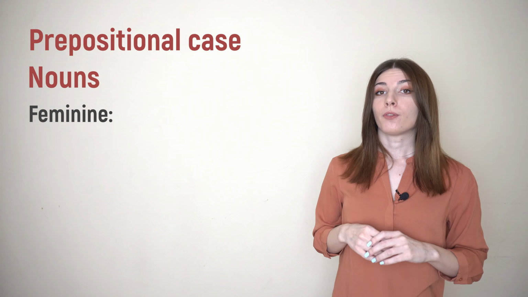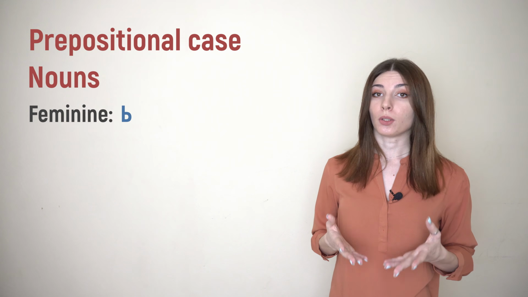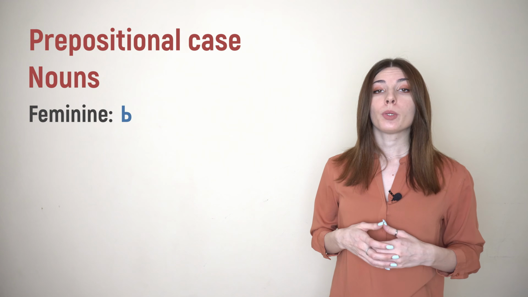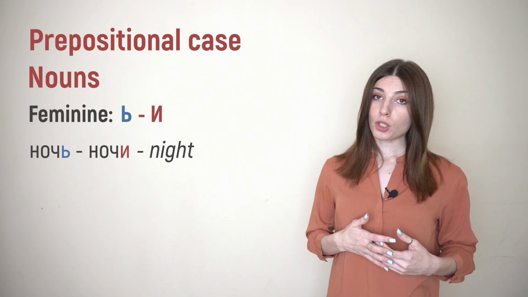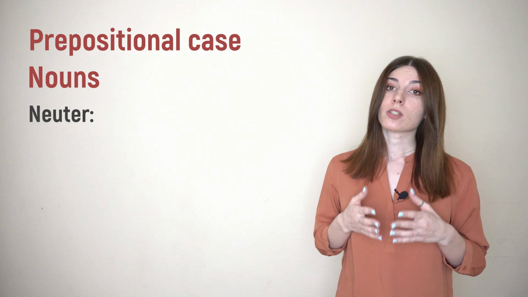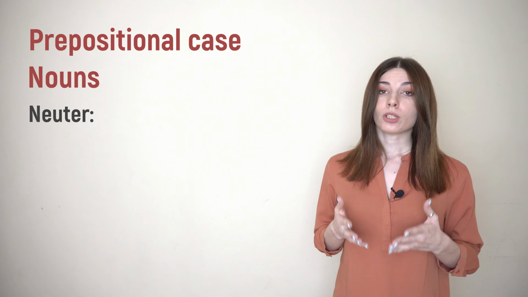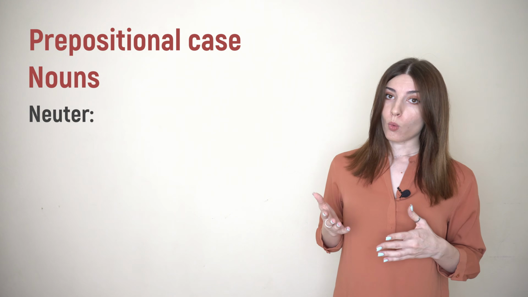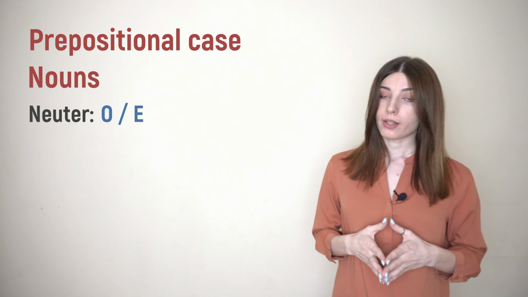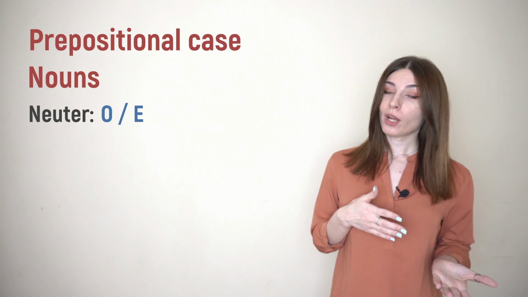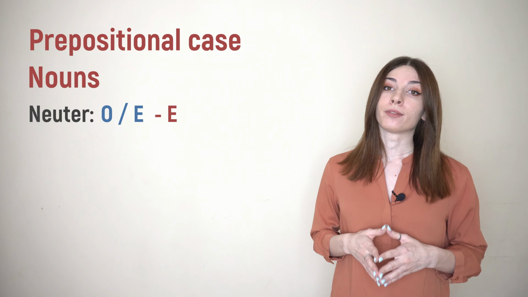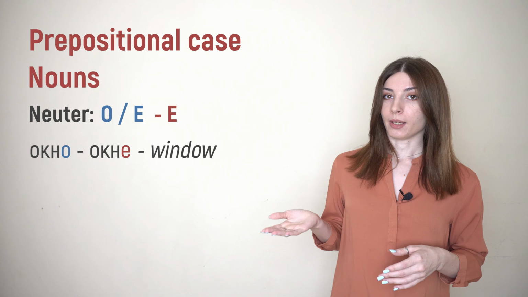There are a few feminine words that have a soft sign at the end. The soft sign we will always replace with «и». Ночь – ночи. And for neuter words, it's almost the same. Usually we have «о» at the end or «е». If it's «о», again we replace «о» with «е». Like this we will have окно – окне.